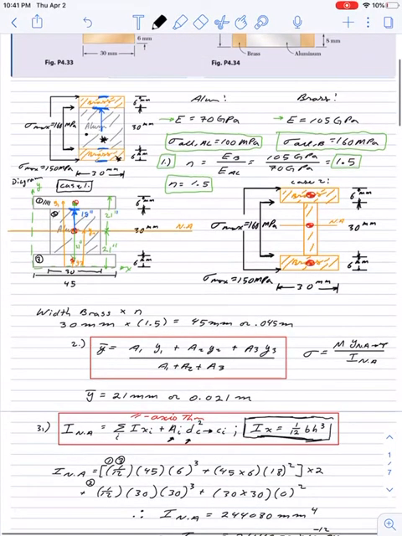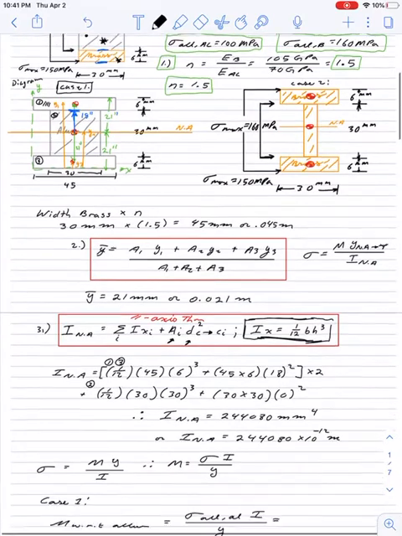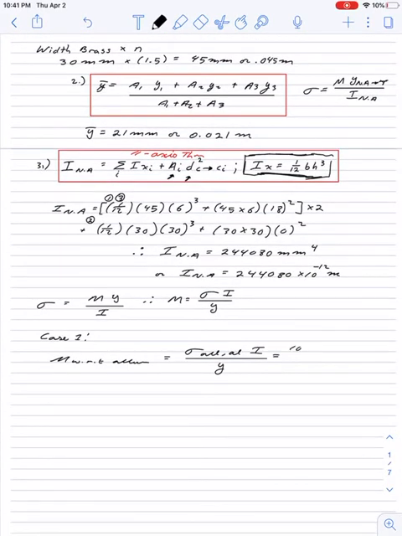So aluminum is 100 megapascals, so we have 100 times 10 to the 6.